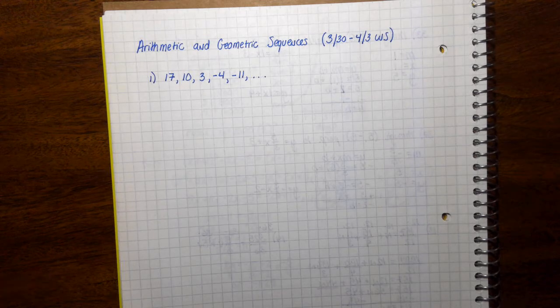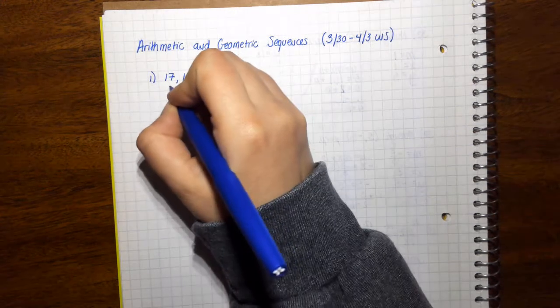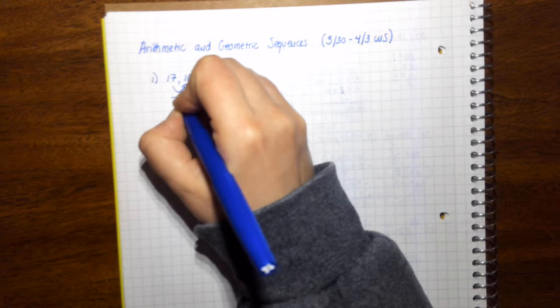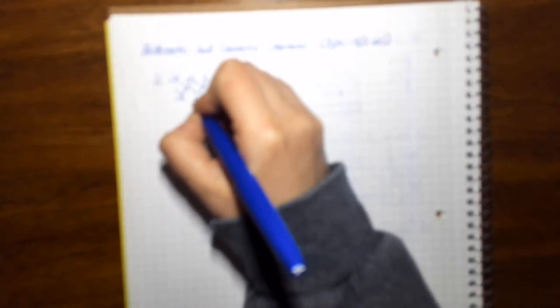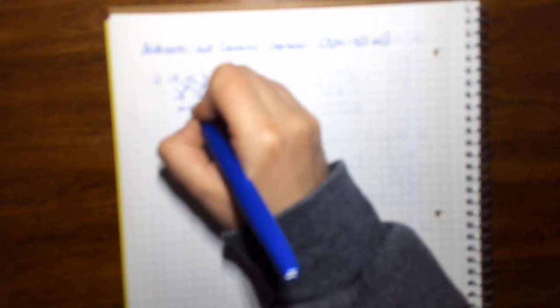Arithmetic sequences are created by repeated addition or subtraction of the same common difference. In this case, these numbers are all going down 7, so -7, -7, -7. Because they're all going down 7, this is an arithmetic sequence.